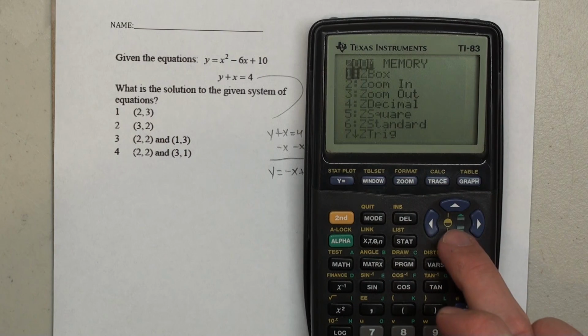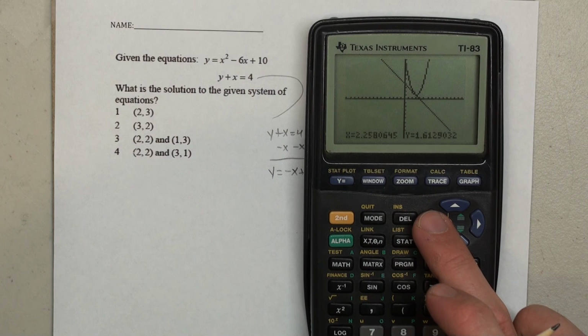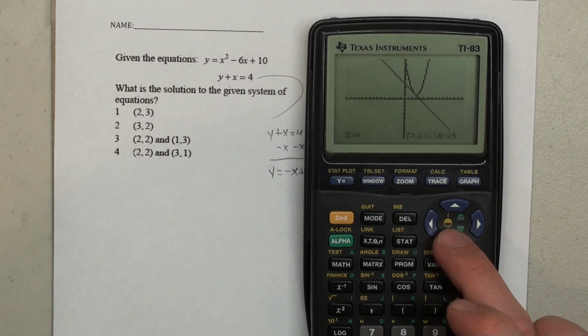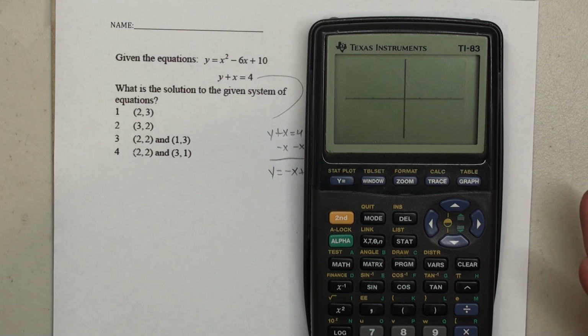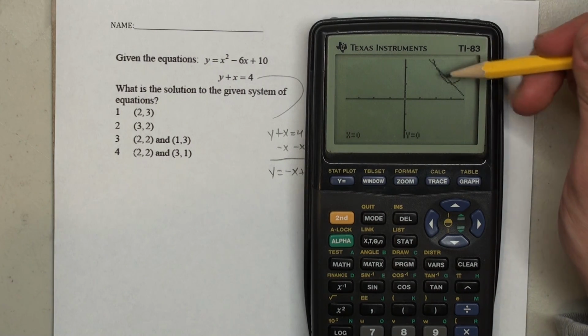Zoom, and let's do zoom in. And let's zoom in at the origin. So I'm moving the little blinking thing to the origin. And look, there are 2 points where it crosses.